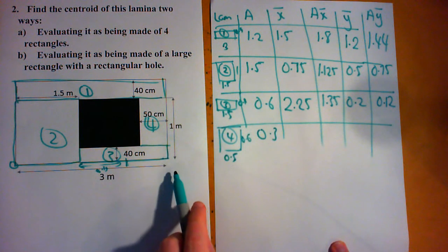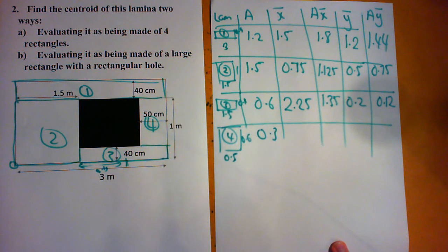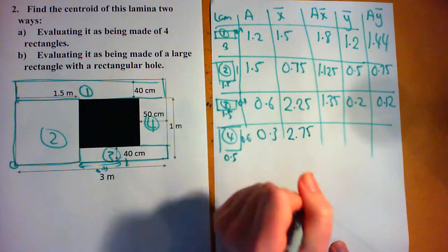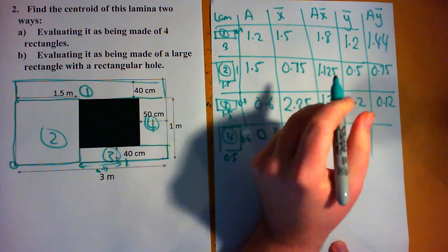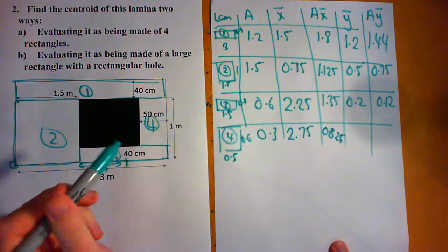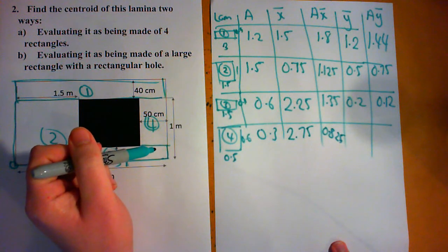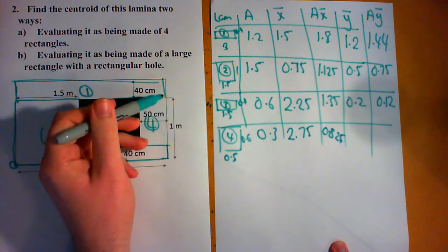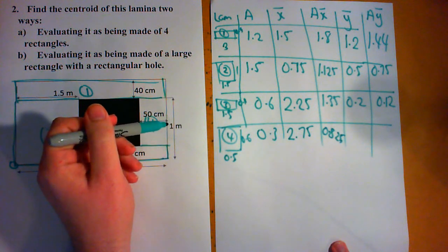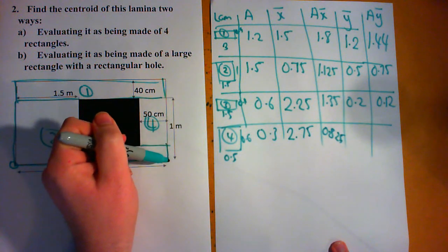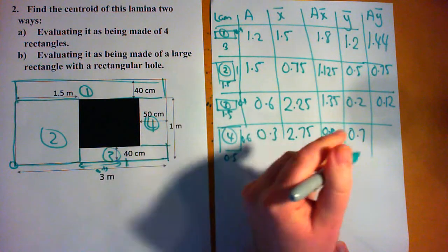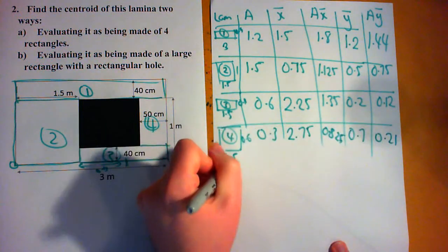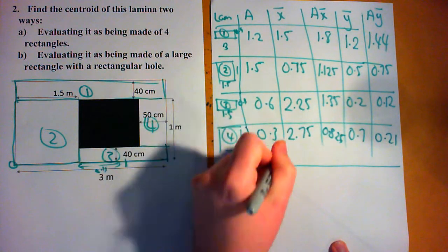So 3 metres minus 0.25 metres is 2.75 metres, and multiplying these two gives you 0.825. Now y-bar, the centre of this one, is 0.6 of a metre high, half of that is 0.3, plus 0.4 giving you 0.7, and we've got 0.3 times 0.7 is 0.21. So that's the 4 rectangles.